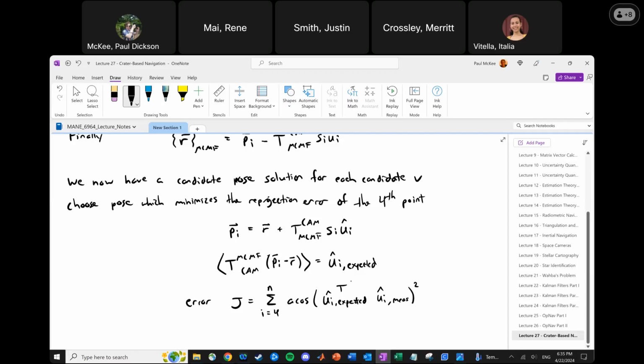So it's the sum of the squared angle errors between the actual line of sight directions to the craters and the expected line of sight direction to the craters if your pose was correct. And what you're going to find is that one of your errors should be very, very small, and the other error should be very, very large, because these aren't two similar pose solutions. They're actually going to be rather different pose solutions that come from an ambiguity. If you only have 3 points, you're kind of left with this ambiguity of different solutions. The 4th point allows you to nail it down and go, no, that's definitely the right solution.